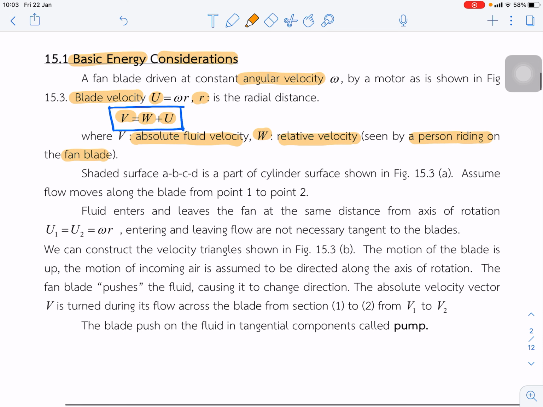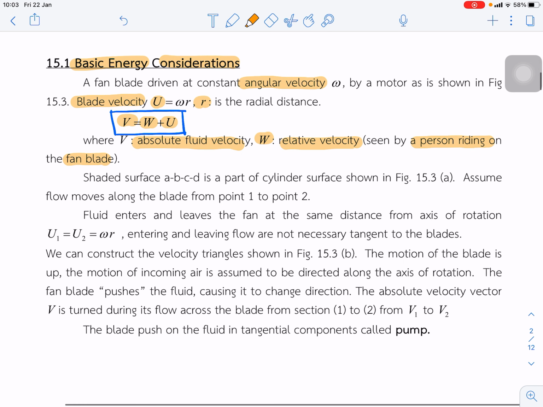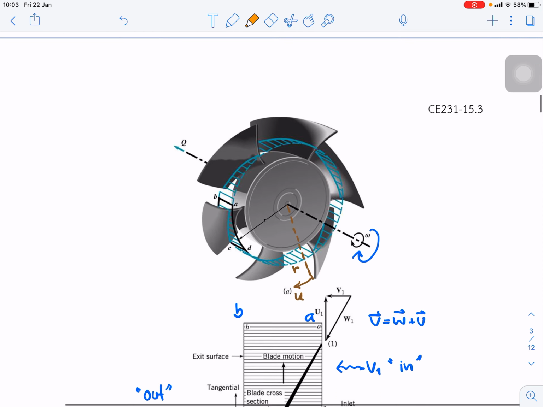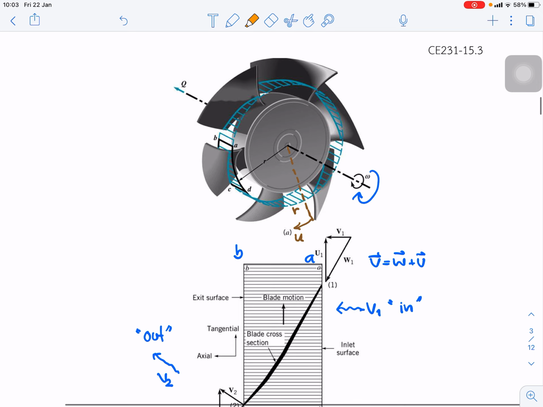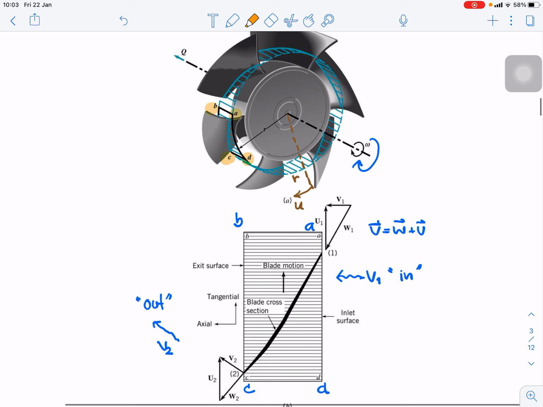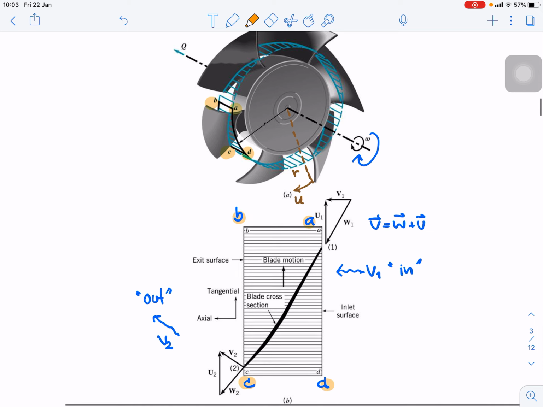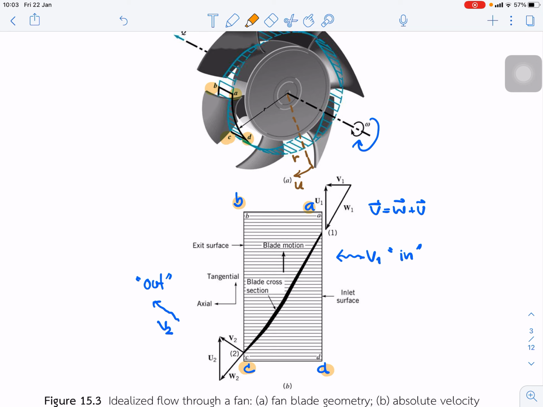If we look at the next figure about the fan, this is a fan, and the shaded area is A, B, C, D. We move to the below A, B, C, D, an expansion of the shaded surface, which is a part of the cylinder surface.